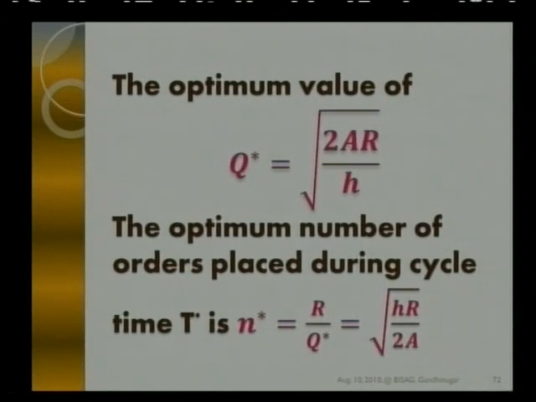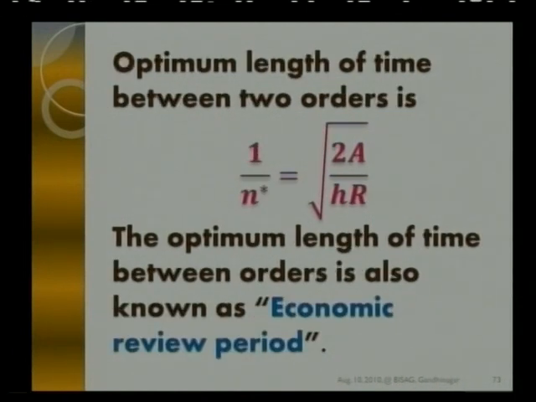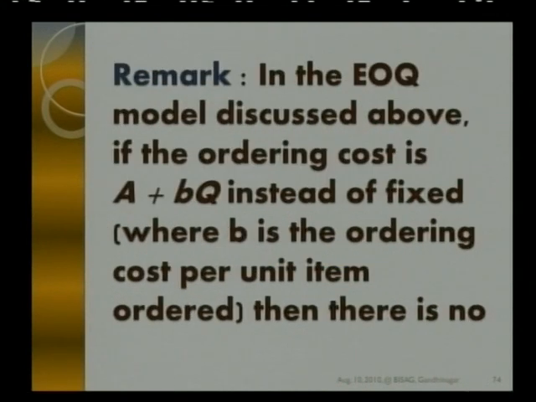Only thing here is we will keep this to be an integer value, because the number of orders cannot be a fraction. And knowing the number of orders, I can also say the time between two orders, which is given by 1/N star. The optimal length of time between orders is also known as the economic review period.